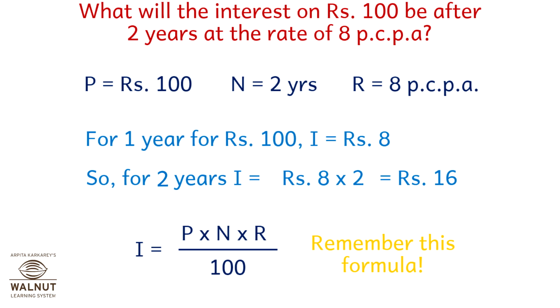I equal to P into N into R upon 100. So, P is 100 into 2 into 8 upon 100, which is equal to, 100 and 100 cancel. So, rupees 8 into 2, which is rupees 16.